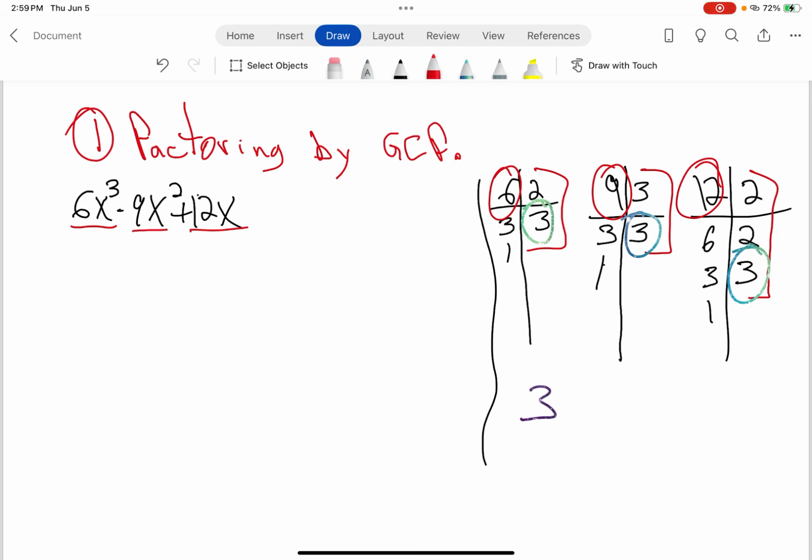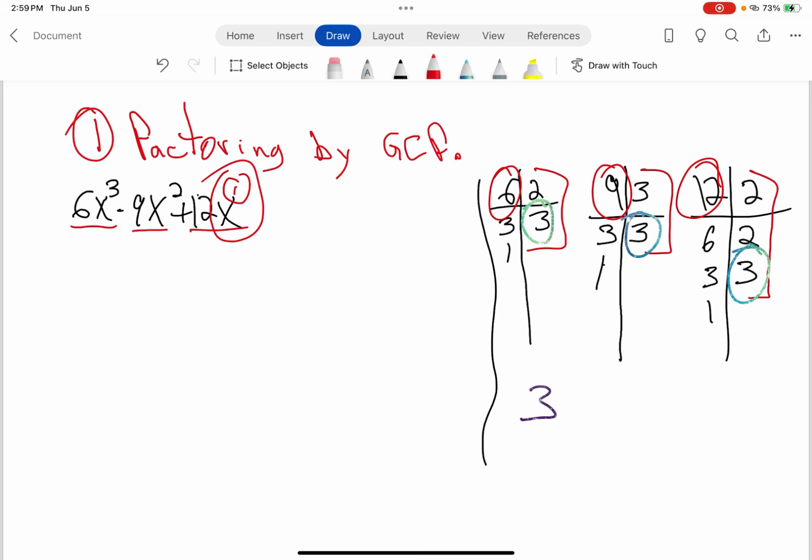Here we have a 1, right? We don't mark it, but if you want to, you can. So this x, which has the lower exponent, will be the greatest common factor between the three terms in terms of variable.